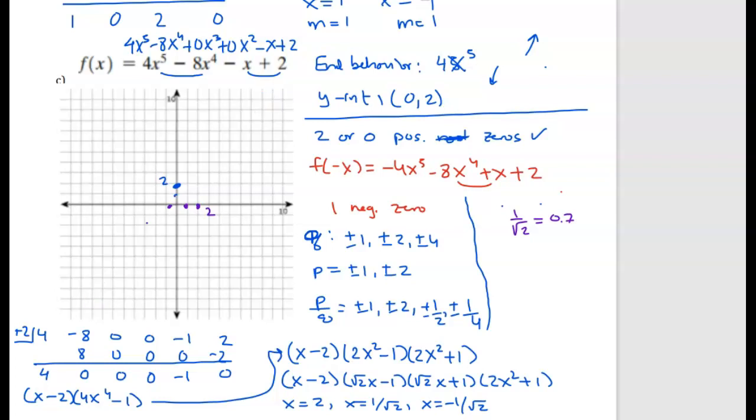They all have multiplicities of 1. Okay, so this is a multiplicity of 1, and this one, and this one. So they're going to cross through. Okay, so we start here. It's going to cross through. Go to the y-intercept. Then go down, cross, go up, cross, and then back up. Something like this. That's the graph. Alright, there we go. So this is the end of this section.